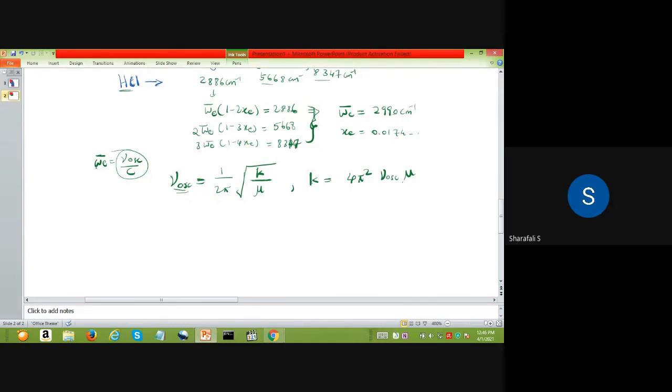Then we can take omega e bar equal to nu oscillation by c, under that assumption that we are having xe which is very small. So in that case, omega e bar will become nu oscillation by c, or we can say nu oscillation is equal to omega e bar into c.